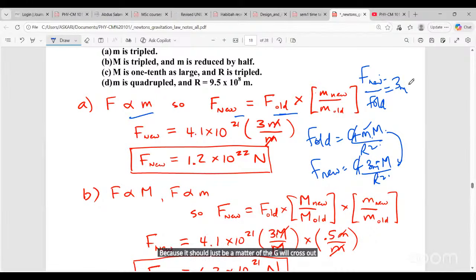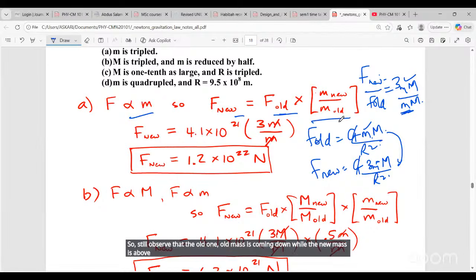That will be 3 M m over M m. We still observe that the old mass is coming down, while the new mass is above. And that is what has been done here. So finally, your new F will be 1.2 times 10 to the power 22.